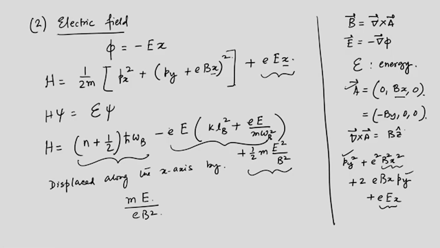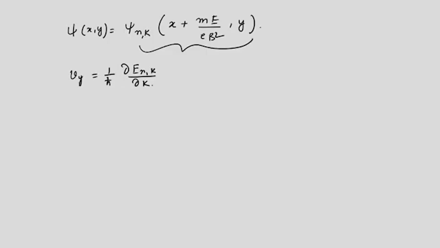It just picks up a factor which is minus e into capital E into this lB square. Okay, and this is equal to nothing but, there's a minus sign which I should write, e by h cross e lB square. And lB, just to remind you, is the magnetic length which we have talked about earlier, which is equal to eB.